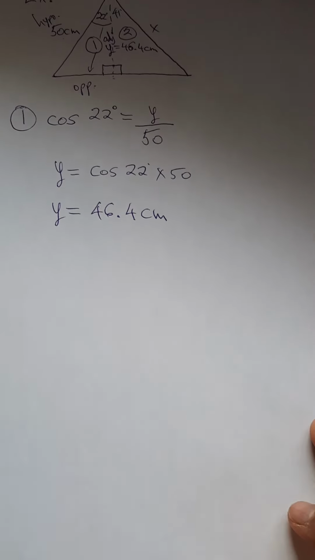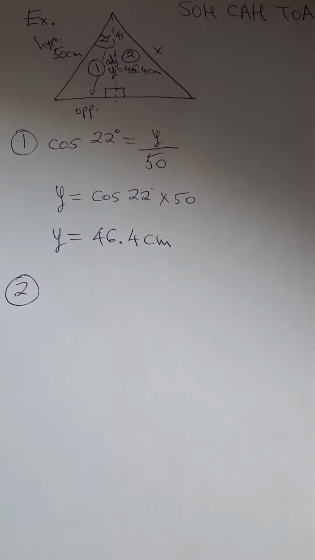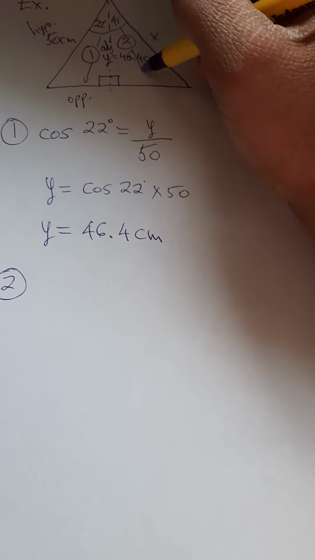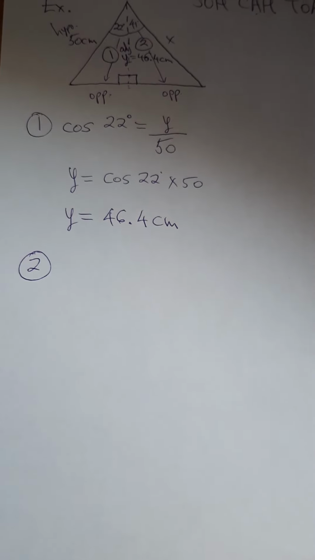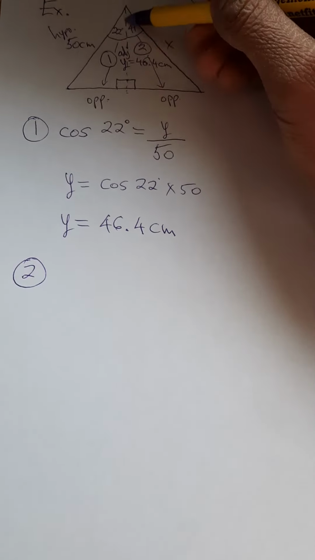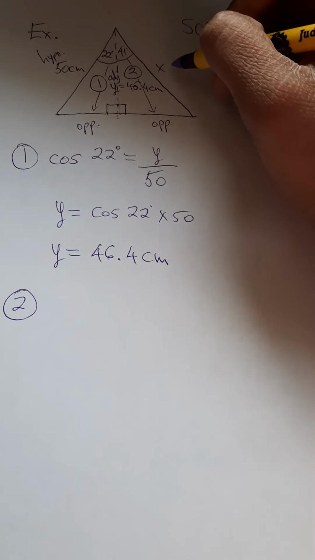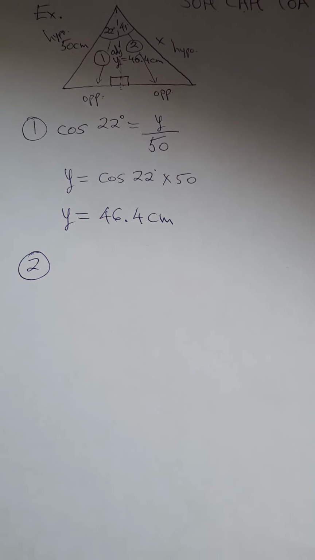So let's take a look at the second triangle here. What we're going to do is we're now going to use the 41 degrees here. Right across from there, again, this is the opposite side. This is still the adjacent side for the second triangle. And where the x is, this is the hypotenuse. So I notice again that I don't have the opposite side.